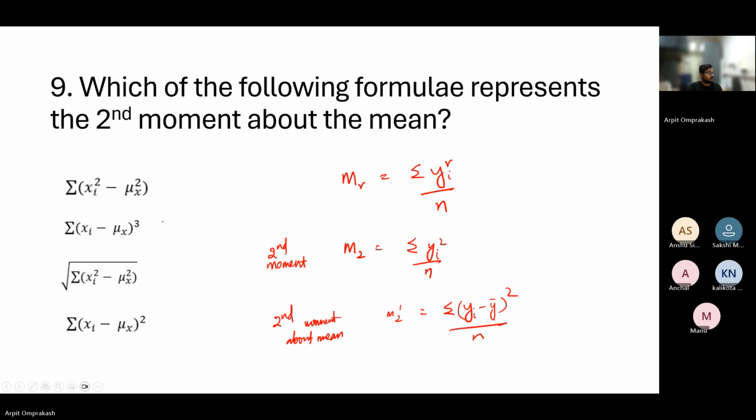So this is one of the formulas which comes close to this. So this is the representation, whereas the other ones are not. So this is the third moment. And this is just something else. It's not a moment.